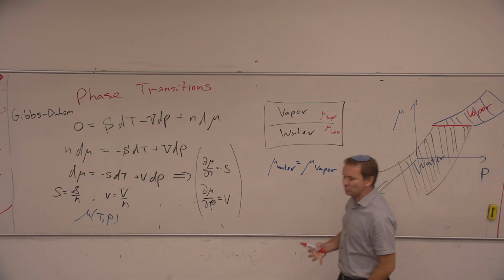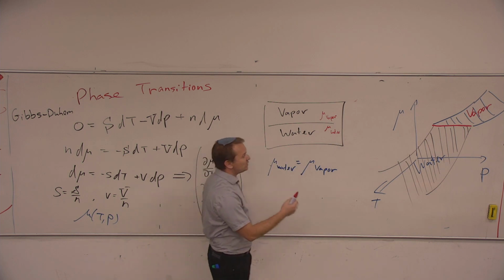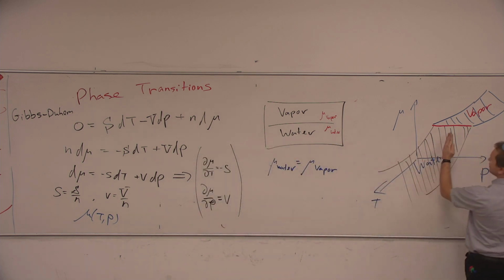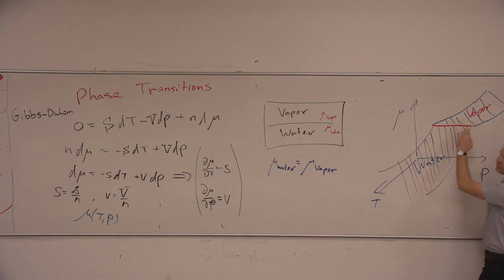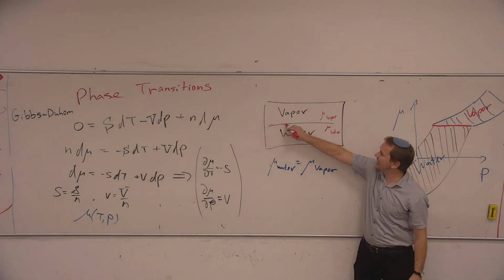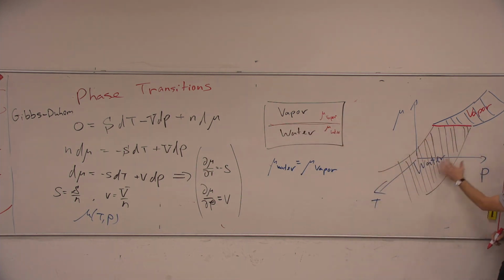The stability conditions that we derived only say that mu is continuous. If I'm going from water and crossing to vapor, this is the situation exactly at the border. Here my whole system is water, here my whole system is vapor, and here I'm on the verge of going from water to vapor.